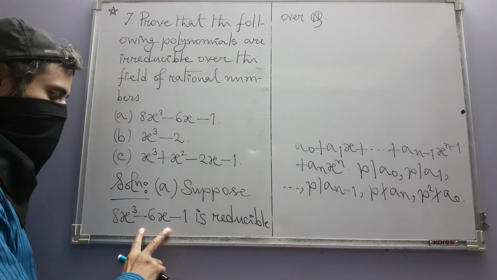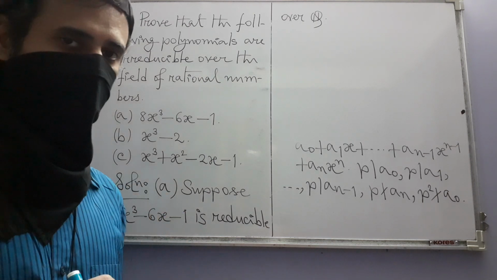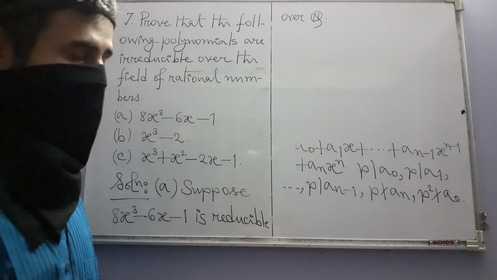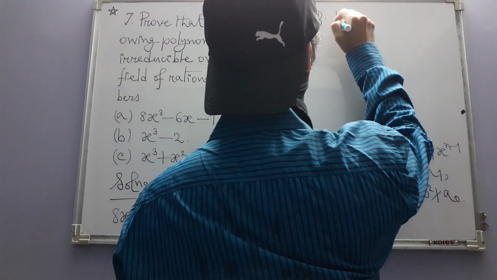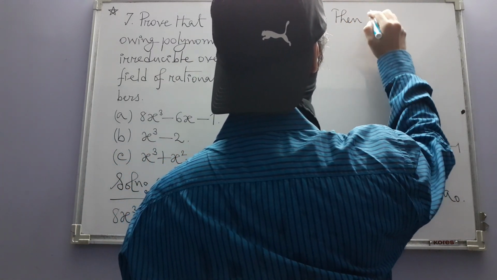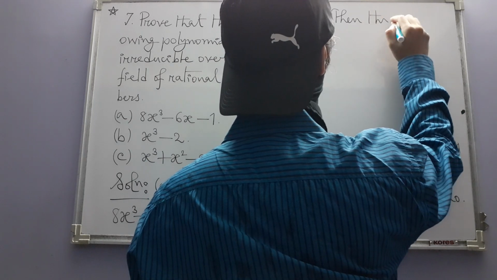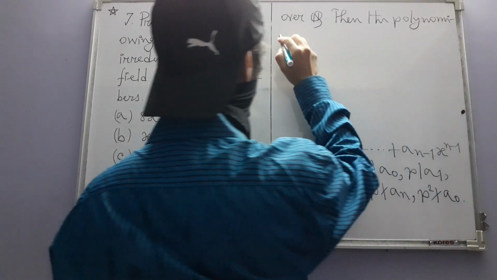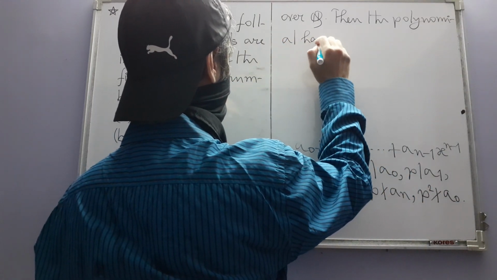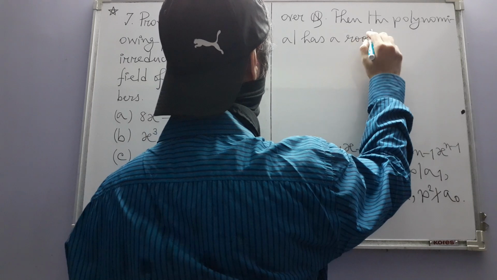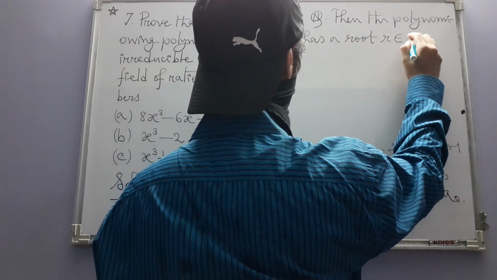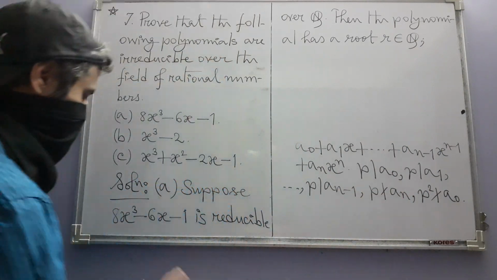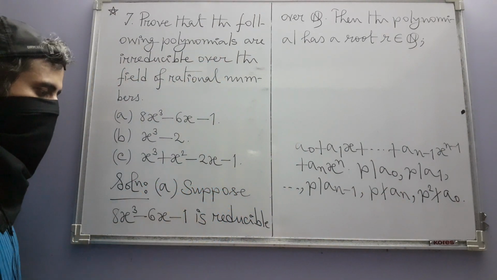Then the polynomial will have a root that is a rational number, because that's what reducibility means or is equivalent to. Then the polynomial has a root, say r, in Q. That means r is a rational number which if you substitute for x, you are going to get 0.